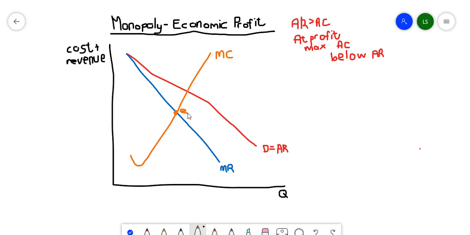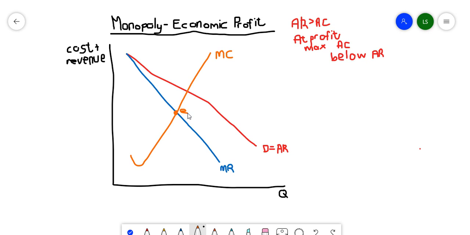Okay. At profit maximization point, we now need to know what is the price and the quantity. Again, in the perfect market, each individual producer was a price taker. So the price was already there because the market determined the price. In the perfect market, all the individual producer had to do was to decide on his output level.